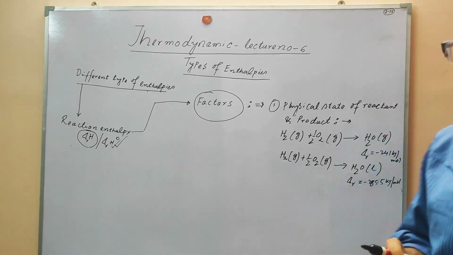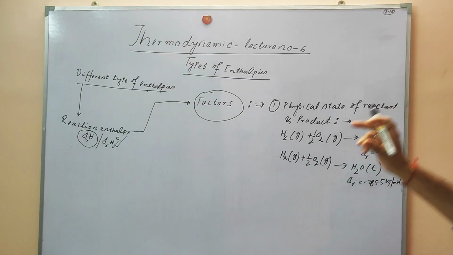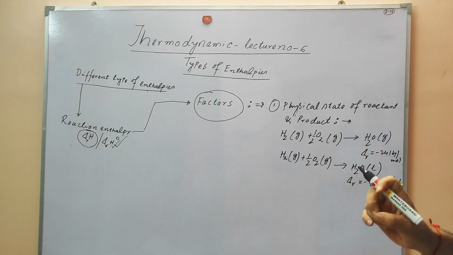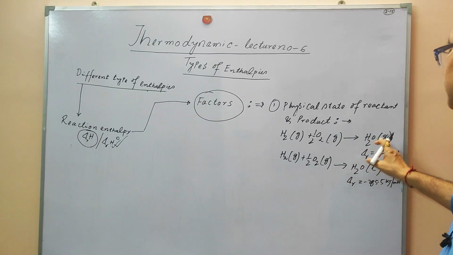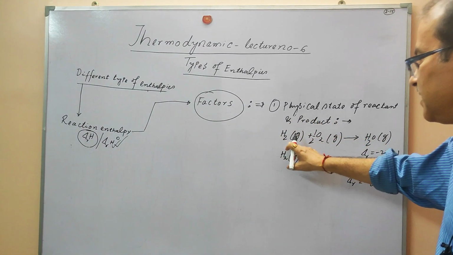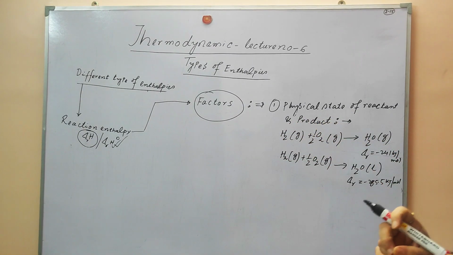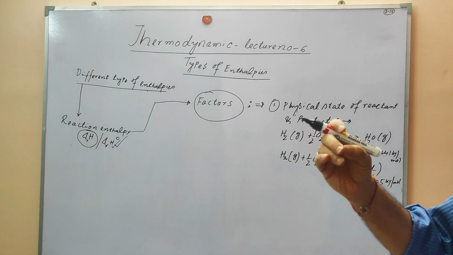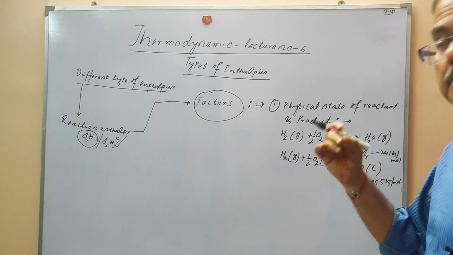From this reaction you can easily understand that the physical state of the reactants and products definitely influences the enthalpy of the reaction. You can see when hydrogen gas and oxygen gas combine with each other, they produce H2O in the vapor state.